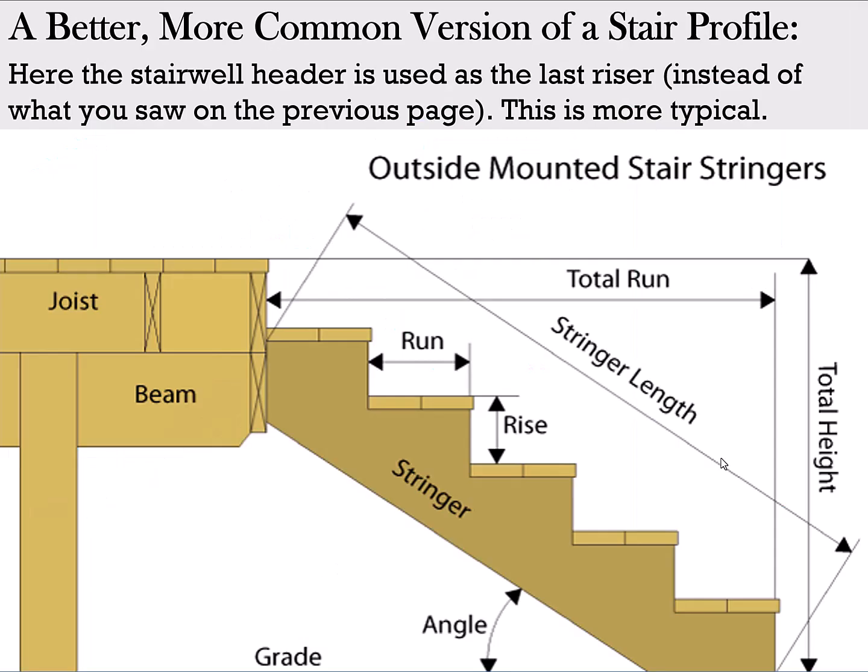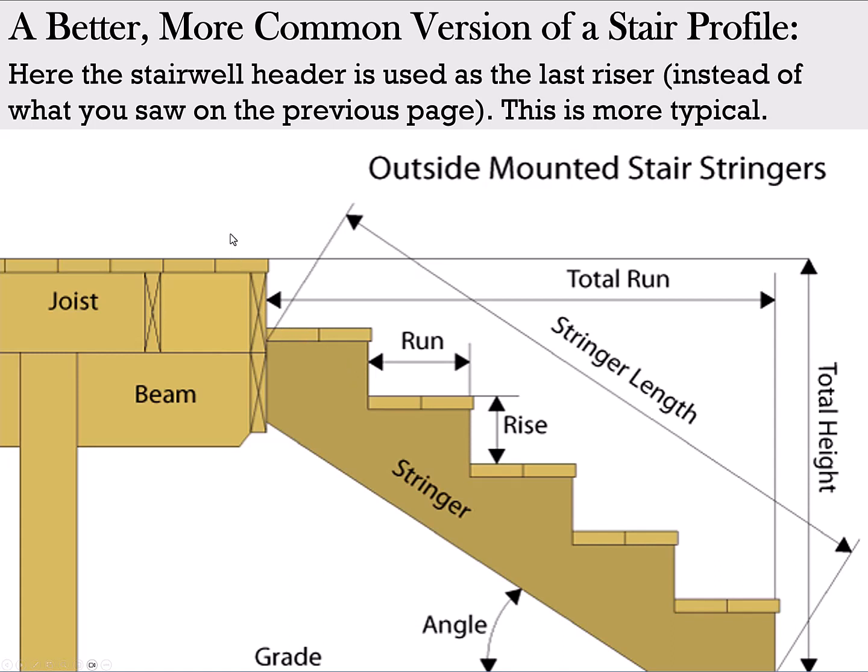Okay, so that said, we'll use this picture for most everything as we're going through the calculations. A couple of things I want to point out in this picture. One is that you can count the riser heights here, and I'll do that with my mouse. One riser height here, another riser here, third riser, fourth riser, fifth riser height. Sixth riser height is that last one as you step up there.